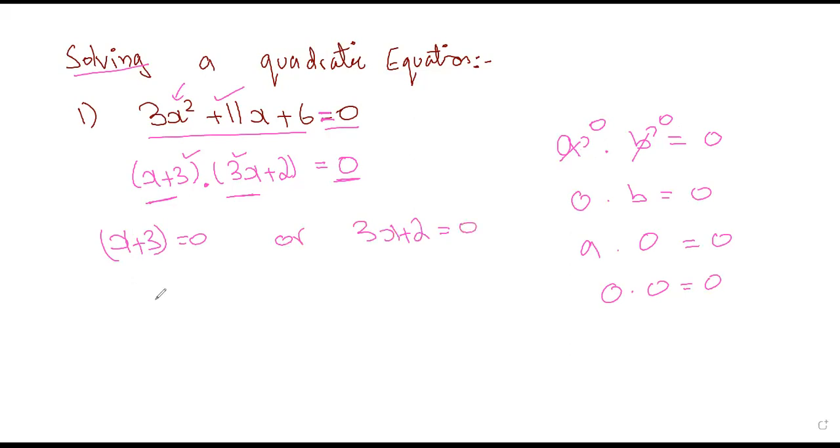So we get x equals minus 3 from this factor, because I'll take x to this side since I'm interested in finding the values of x, and for that I need to separate x. So I'll take 3 to that side. And if I talk about this factor, I have 3x equals minus 2 and x equals minus 2 by 3, right? So this is how I will solve any quadratic equation.